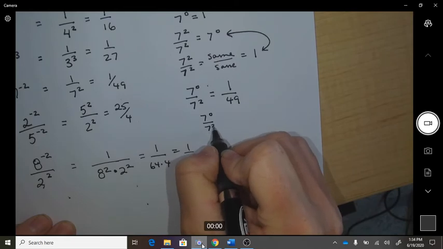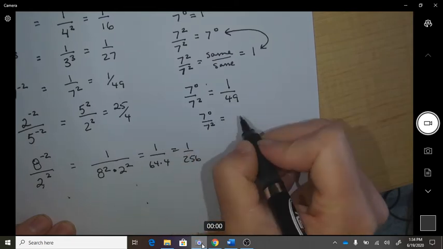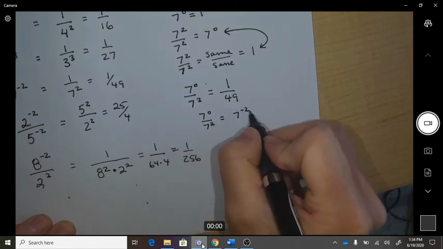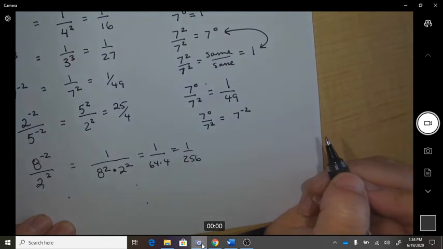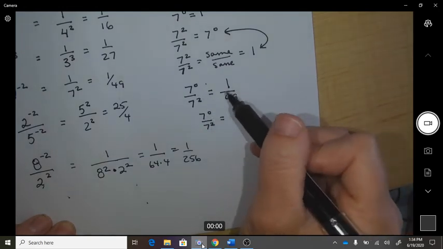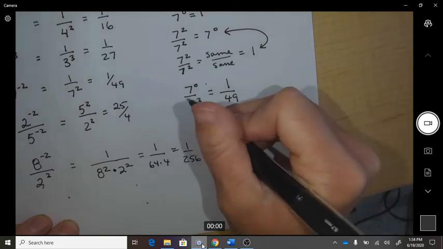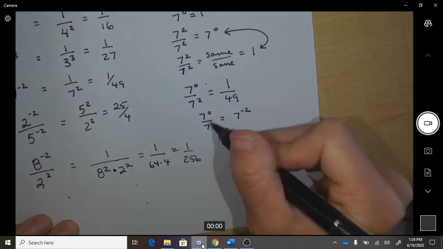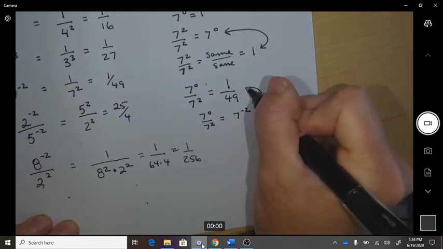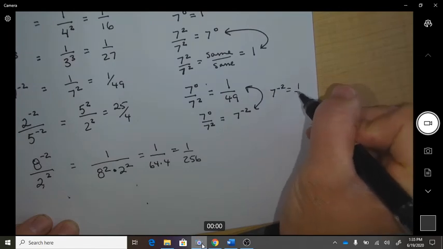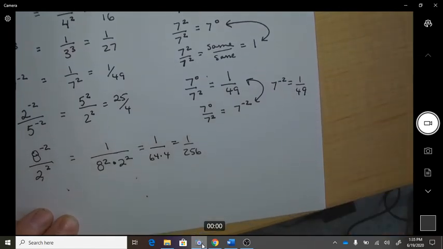If I apply the division rule, I subtract the exponents. Therefore, 1 over 49 equals this, and 7 to the negative 2 equals this, so these will have to equal each other. See how that works?